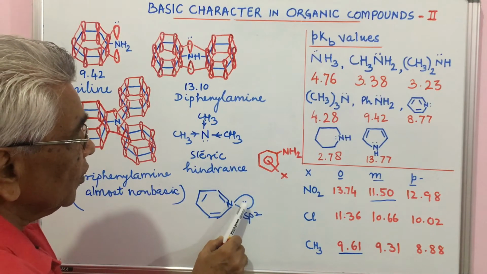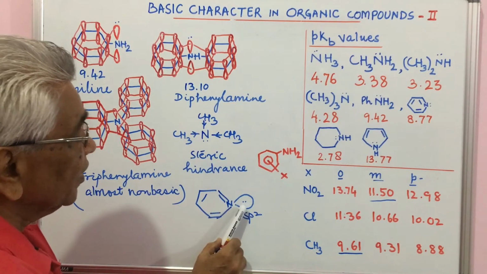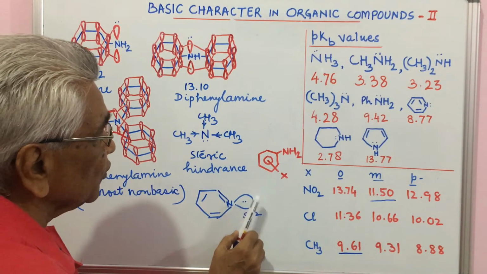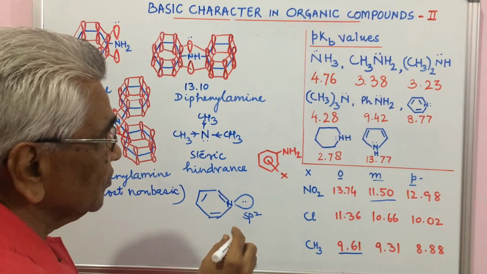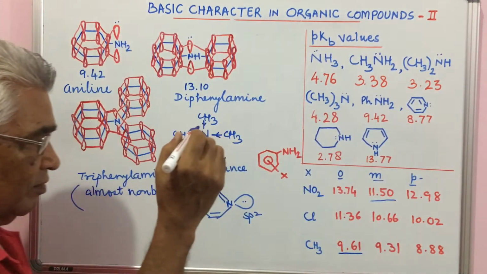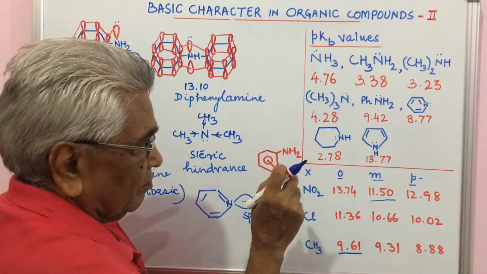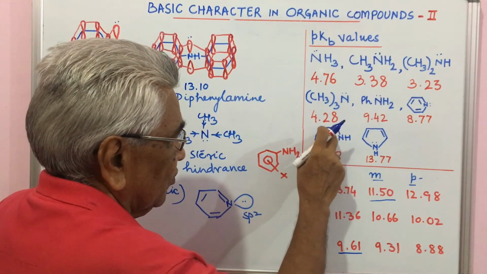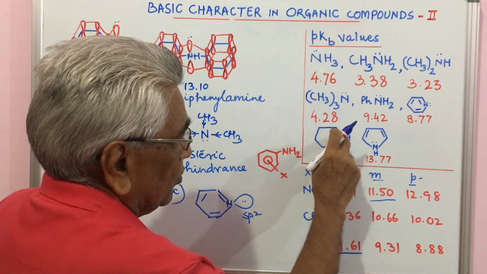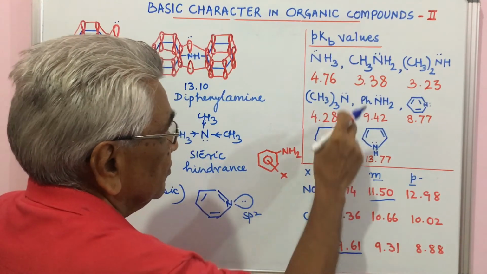This sp2 electron pair does not take part in this delocalization, hence it is freely available for protonation. Therefore, this is a stronger base than aniline. If you look at piperidine, here there are no double bonds, no delocalization, it is freely available for protonation and it is more basic even than ammonia.